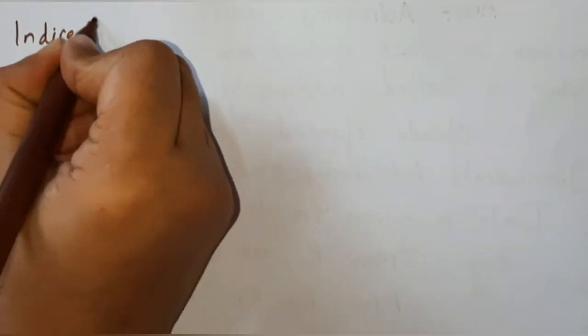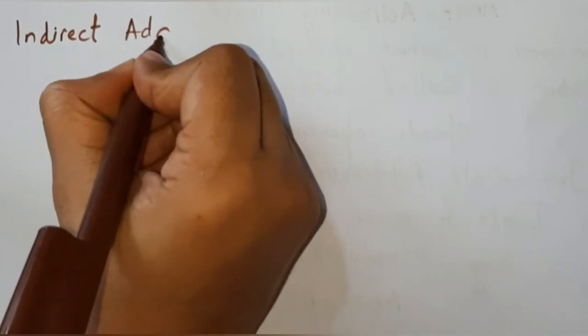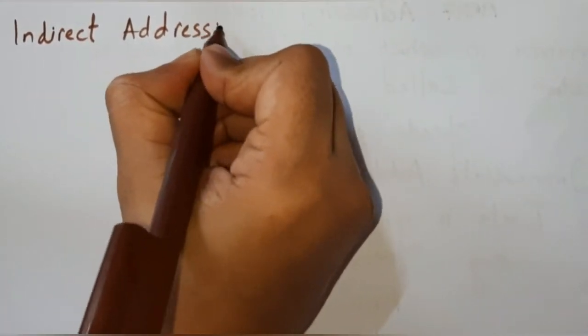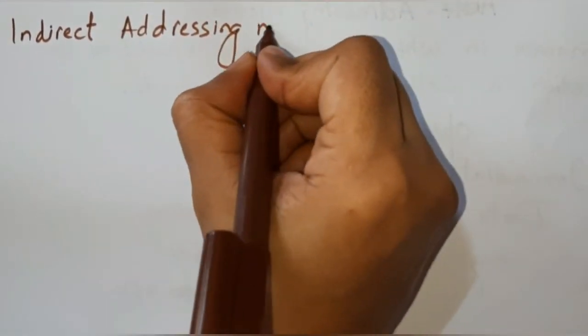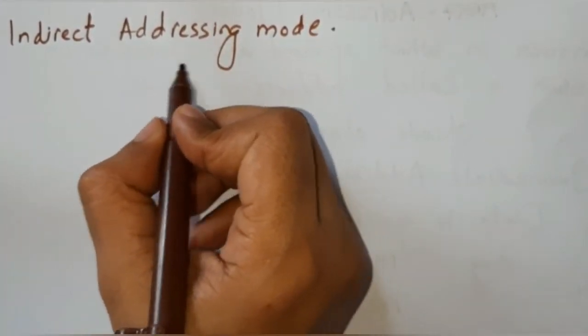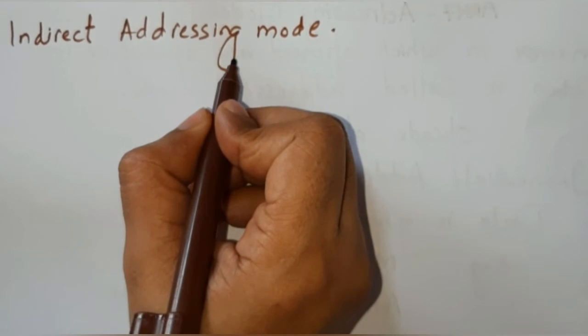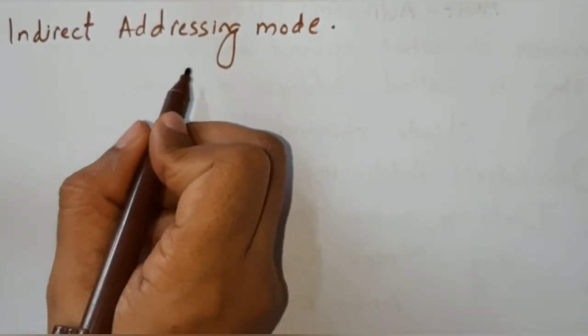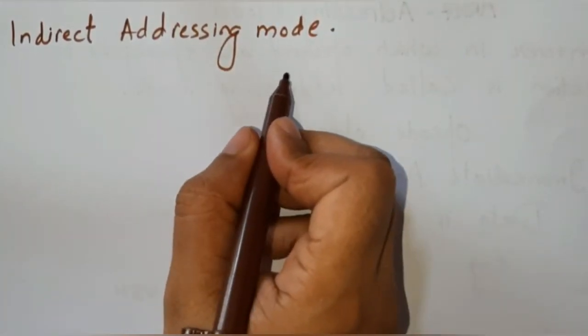Next is indirect addressing mode. In indirect addressing mode, the address is not directly defined in the instruction. The address will be given by the operand value or register.